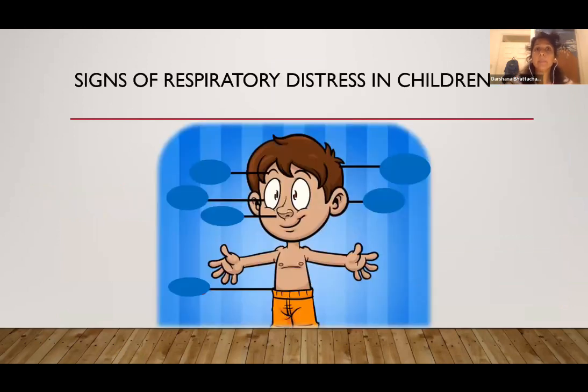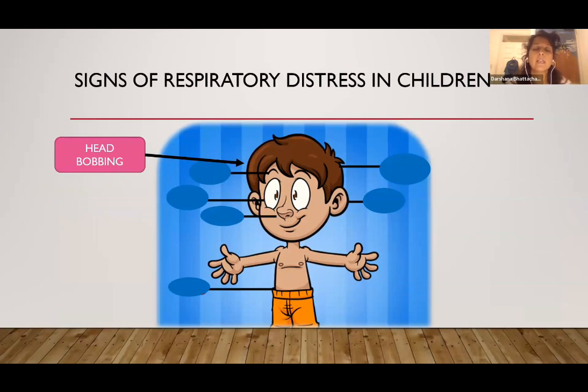If we go into a little bit more detail assessing signs of respiratory distress in children, I like to take a head down approach with this, mainly because it helps me to remember everything in a good fashion. So first of all, a sign very specific to young children, and I mean infants less than 12 months of age, is head bobbing.